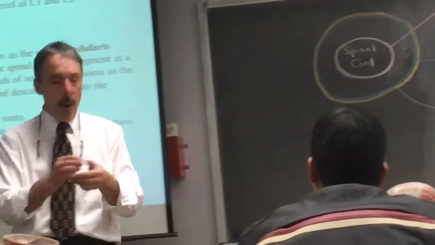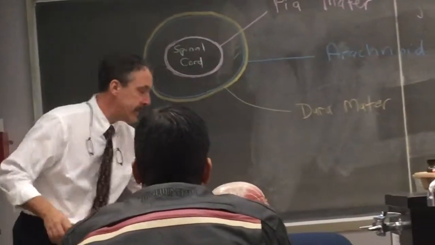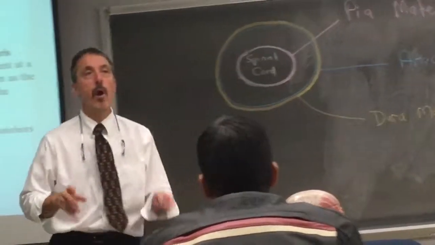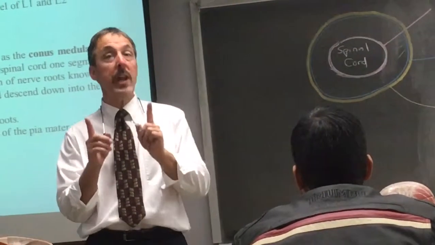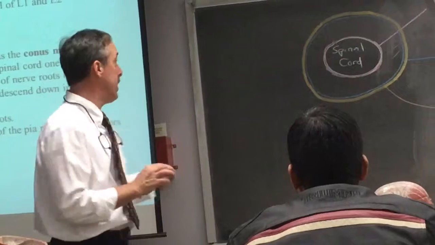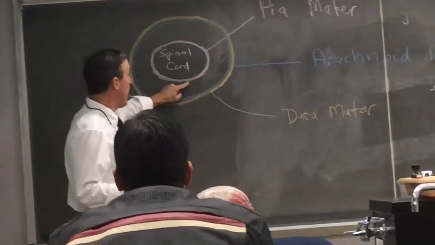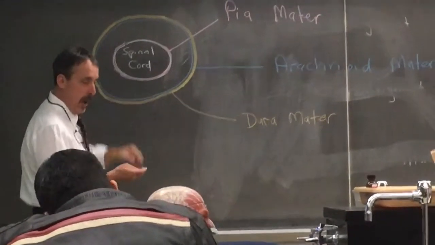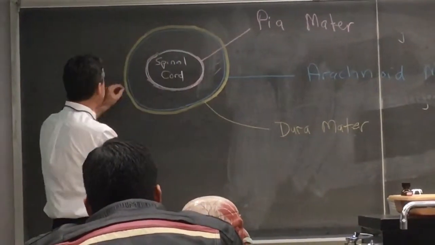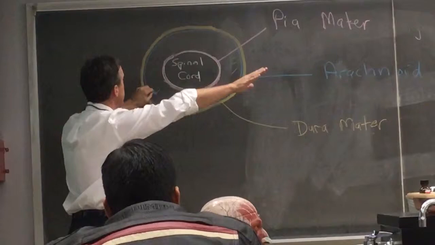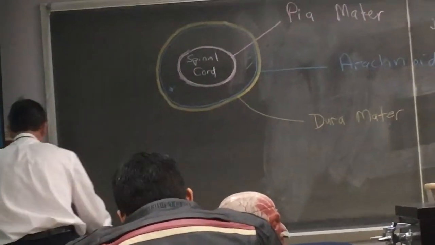The last thing before I let you go. It turns out there are spaces associated with these meninges. So watch this. Those are the meninges. Over here, I'm going to write the spaces.